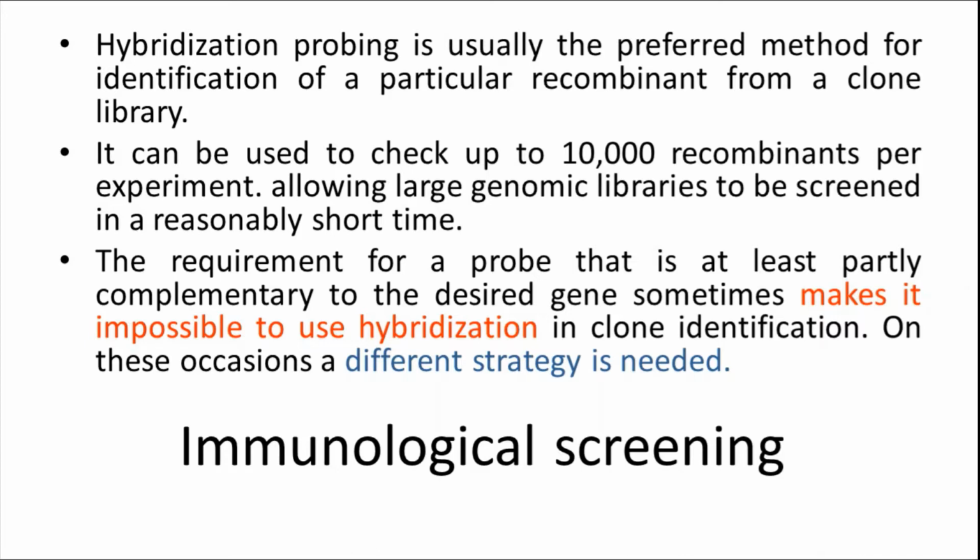That expressed protein acts as an antigen, so we can subject it to the following antibodies. So finally we detect. Please keep in mind this method is suitable for selection of recombinants or clones only in the case where the cloning used an expression vector or shuttle vector. Okay? Keep this in mind before learning this method.